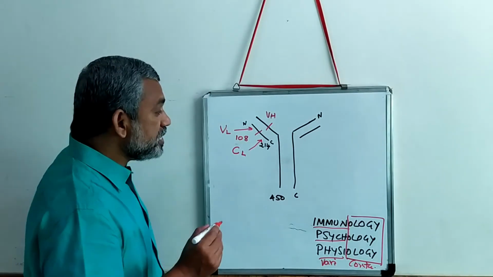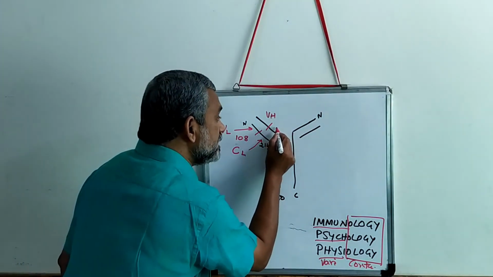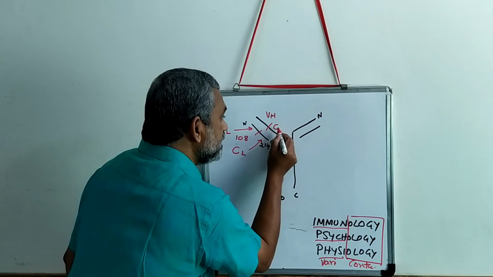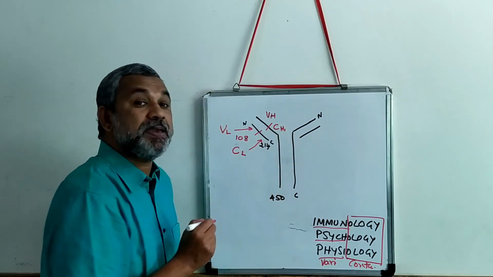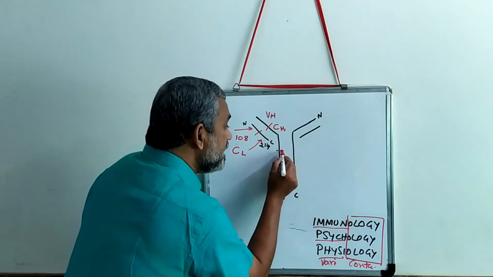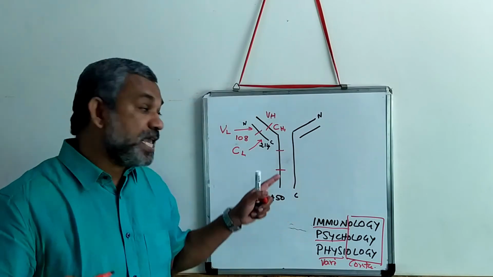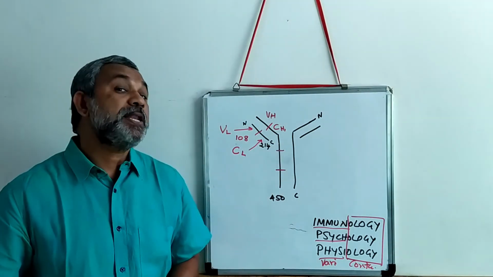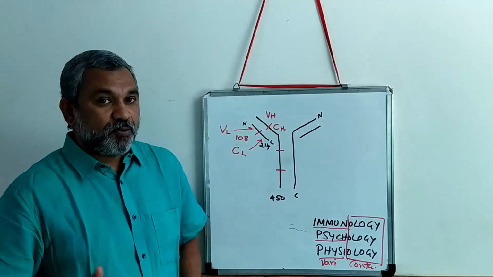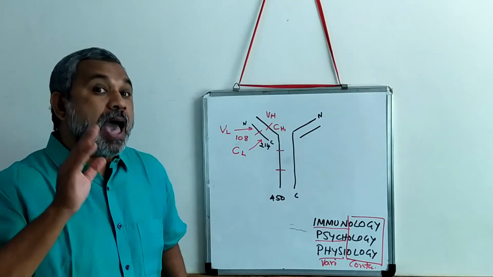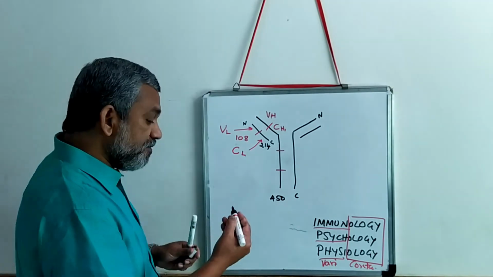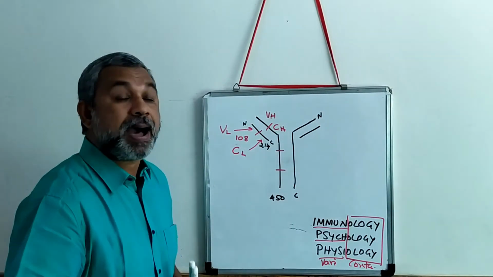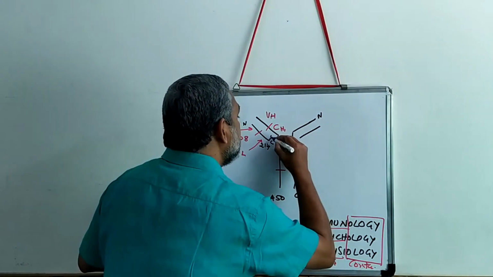The constant region of the heavy chain may be CH1, and it can be divided into CH2, CH3, CH4, etc., depending on the antibodies. And these light and heavy chains are linked by disulfide linkages.